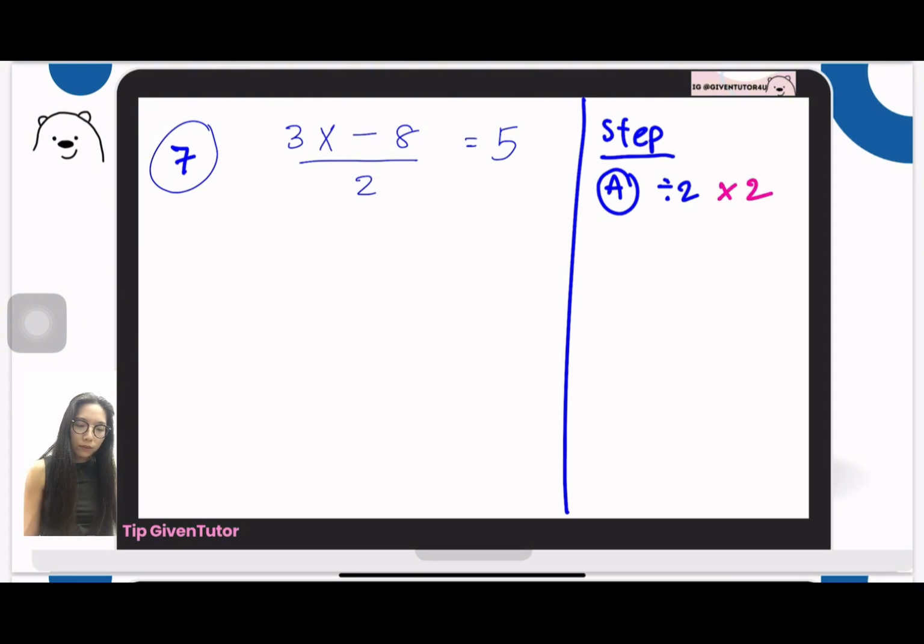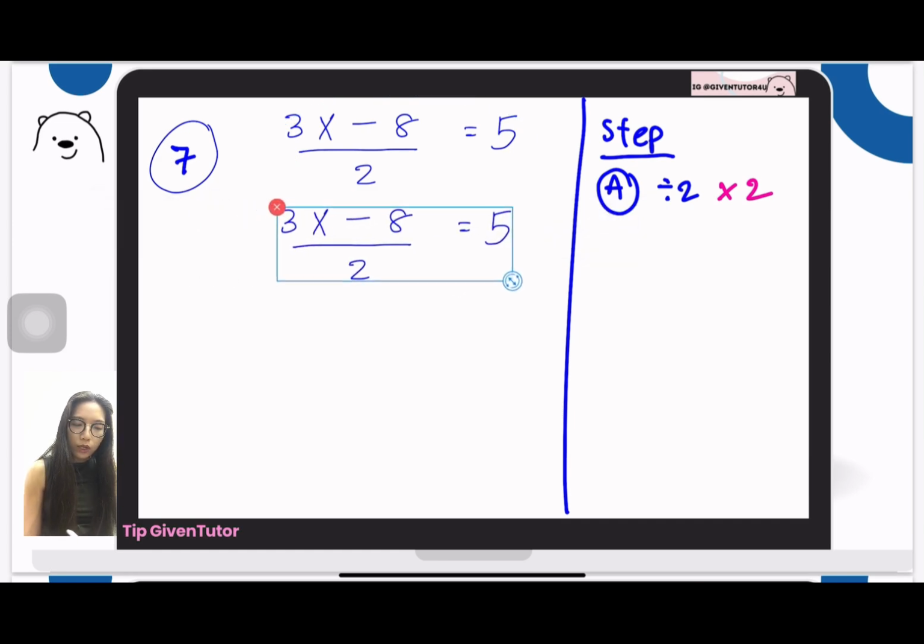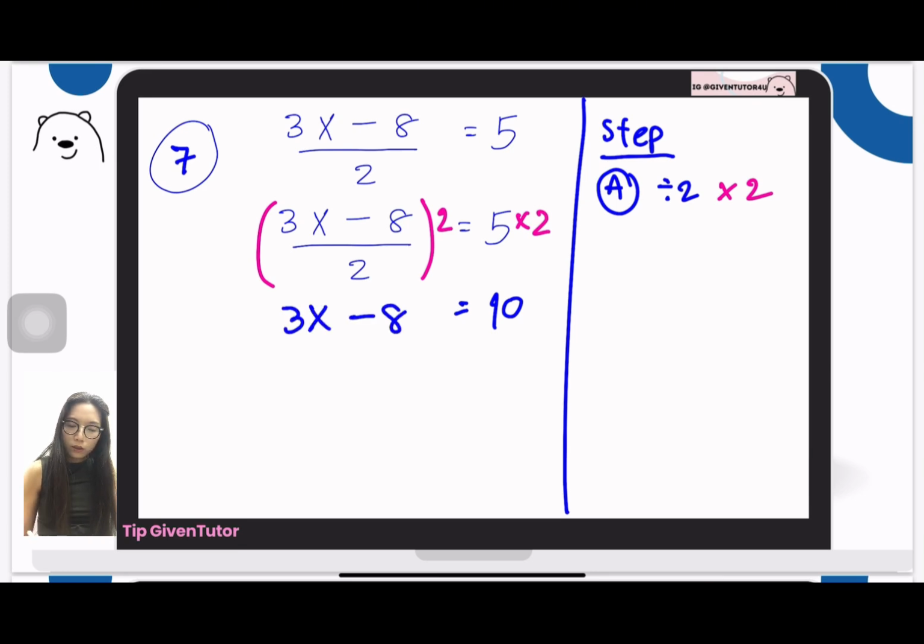Okay, I will copy and place. Copy, place. Okay, and then we will time with 2 together. Time with 2. This one time with 2. 5 times 2. Yeah, you got 10 right here. And then the inside is 3x minus 8. So step B. Right, step B, what you see is the minus 8, so it will be plus 8. This is quite easy, right?